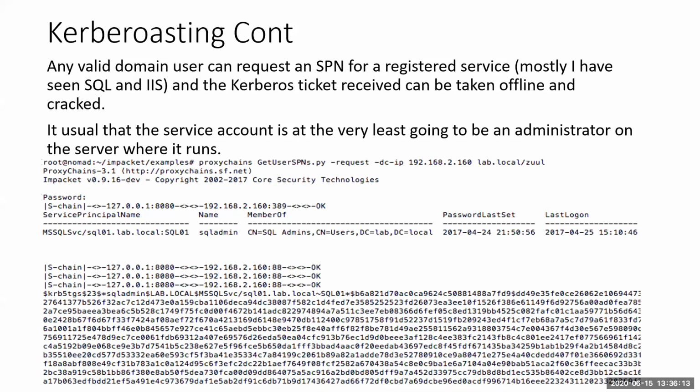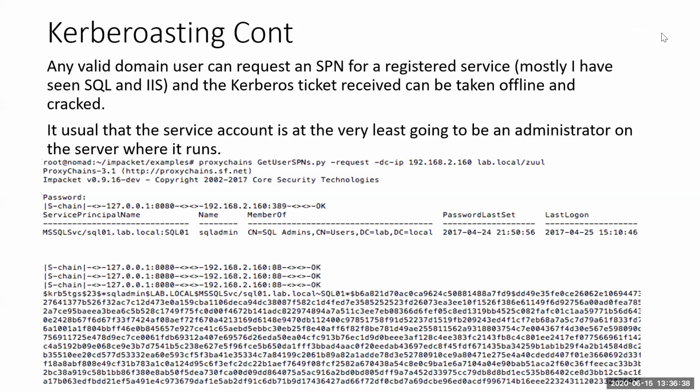A lot of times these service accounts are running as administrator on the server where it's running. This is an actual script called GetUserSPNs, which you just run on the network, and it collects all the service tickets that are available on the domain, and then you can just grab them and crack them offline.